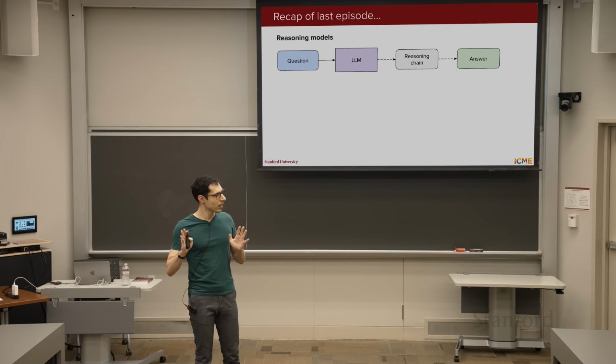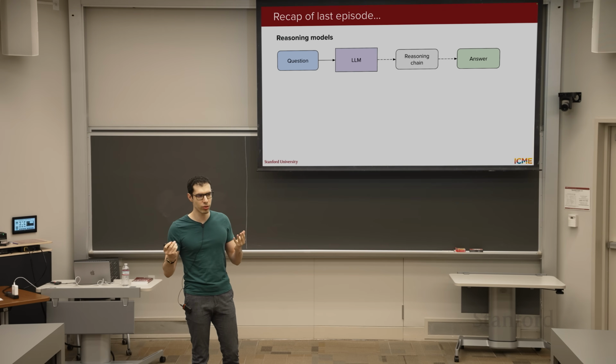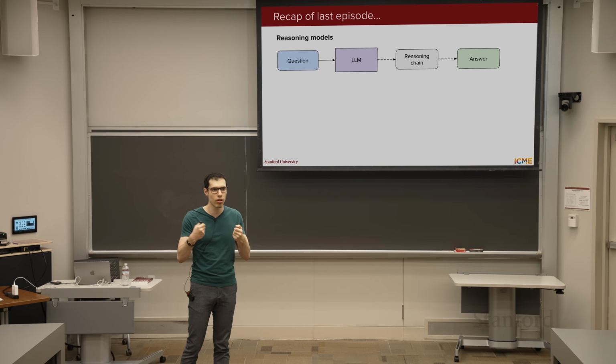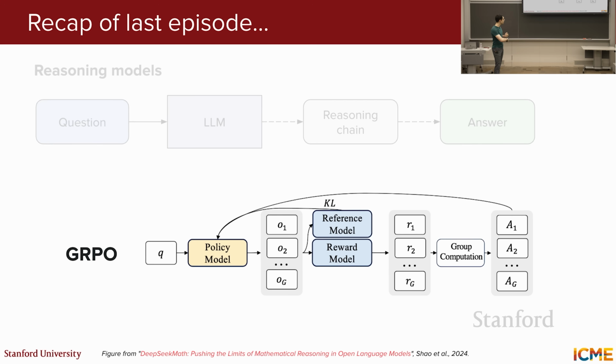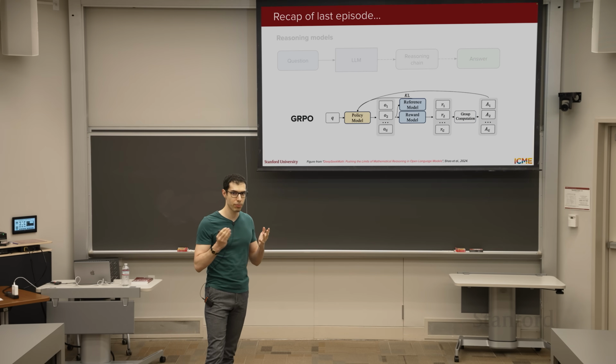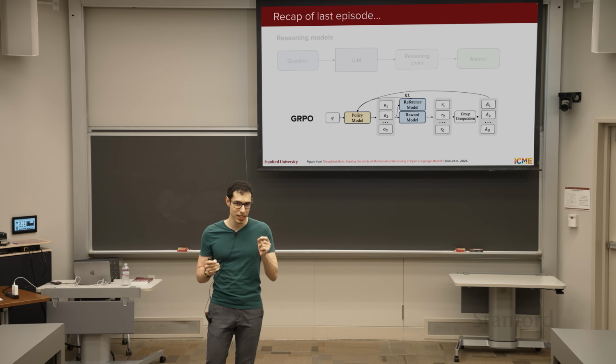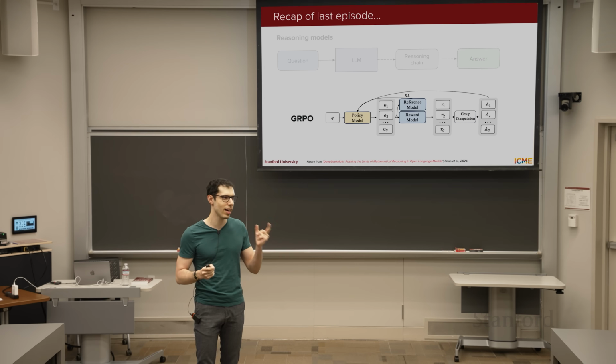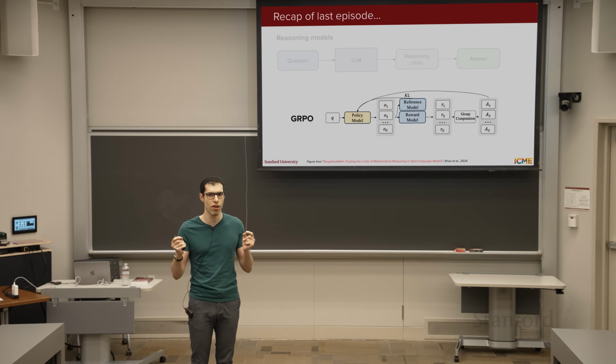So with that, we saw how we could train a model to be more of a reasoning model. In particular, we saw a core RL algorithm called GRPO, which stands for Group Relative Policy Optimization. And we saw that this algorithm had some differences compared to the ones that we saw previously. In particular, one notable aspect is that it does not train a value function.